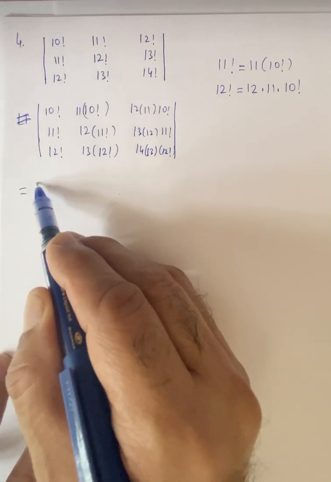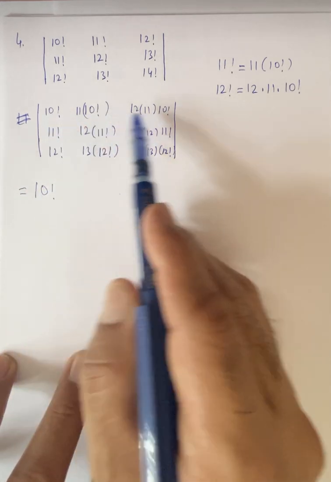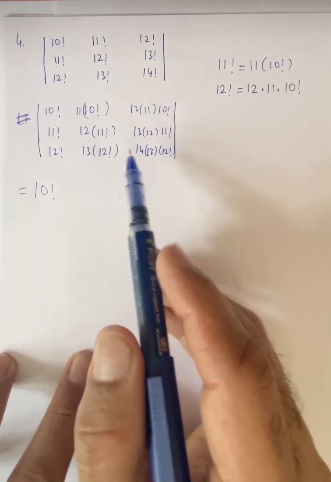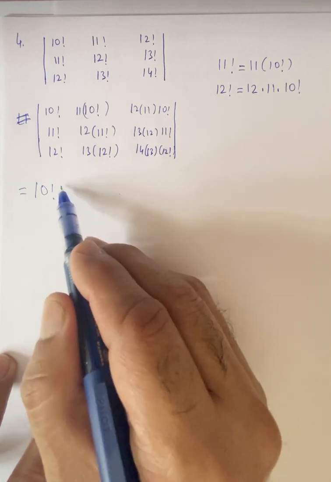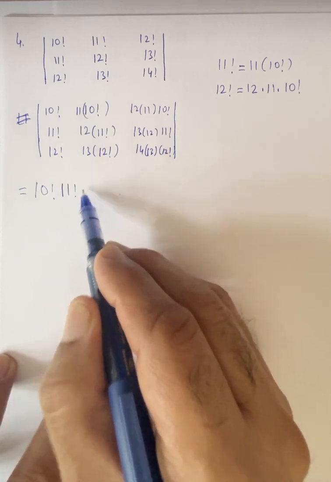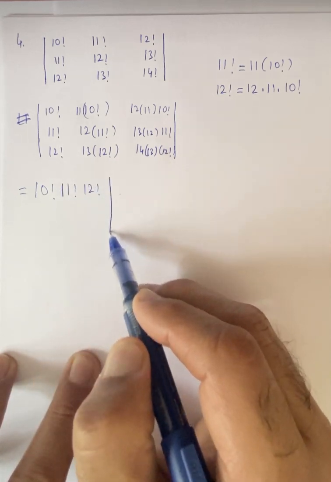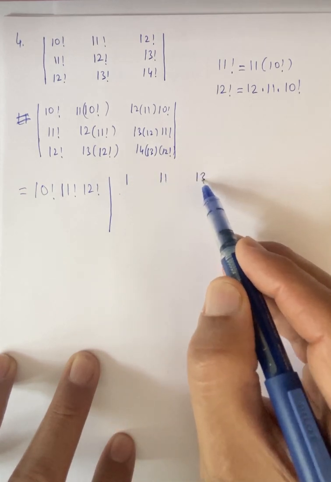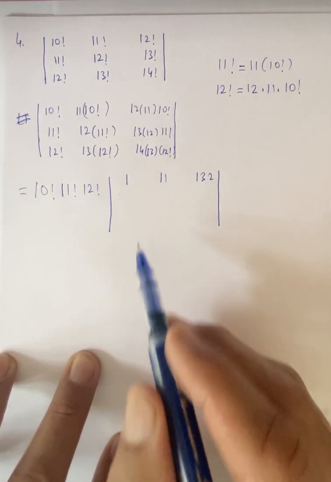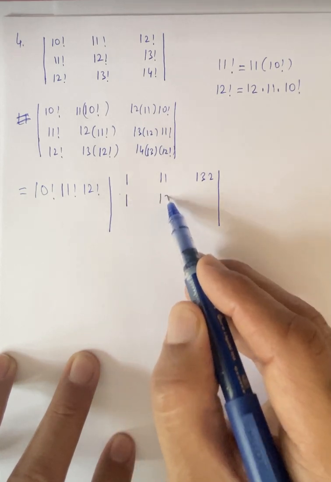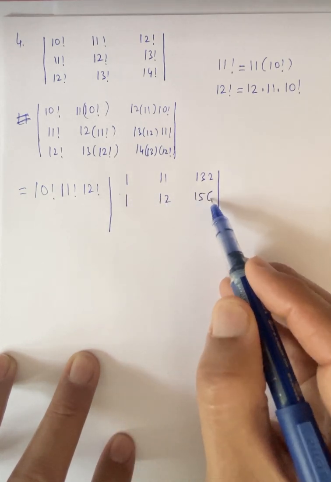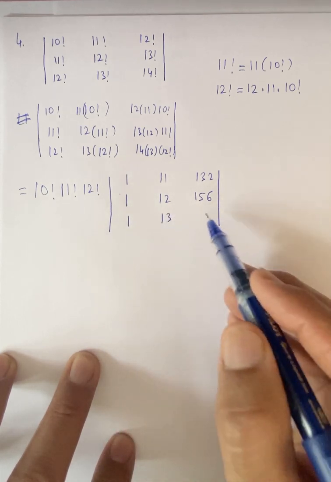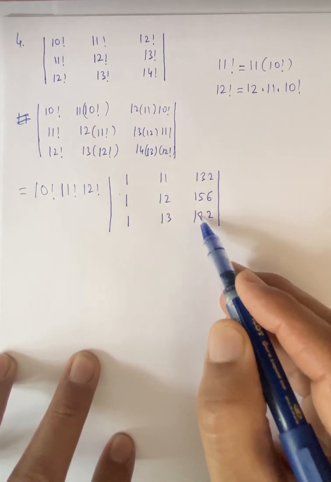Let's take 10 factorial common from the elements of the first row, 11 factorial from the second and 12 factorial from the third. So 10 factorial into 11 factorial into 12 factorial. Inside it's 1, 11, 12 into 11. Then 1, 12, 156, 1, 13, 182.